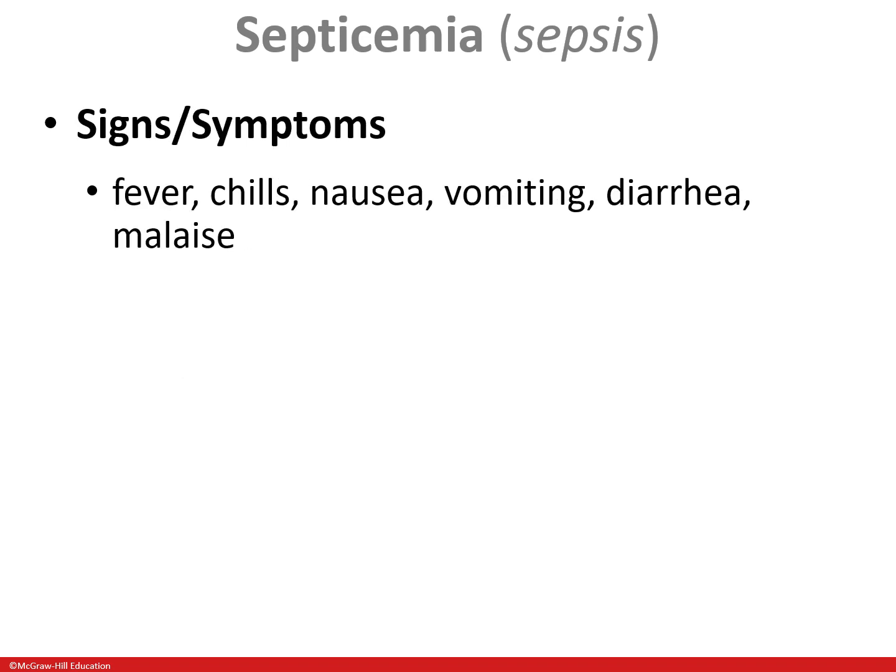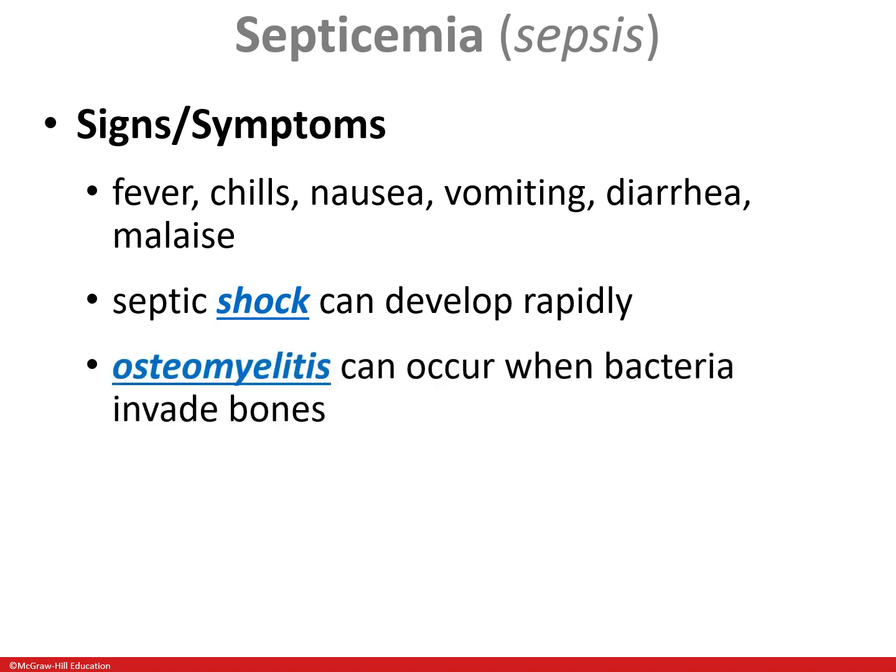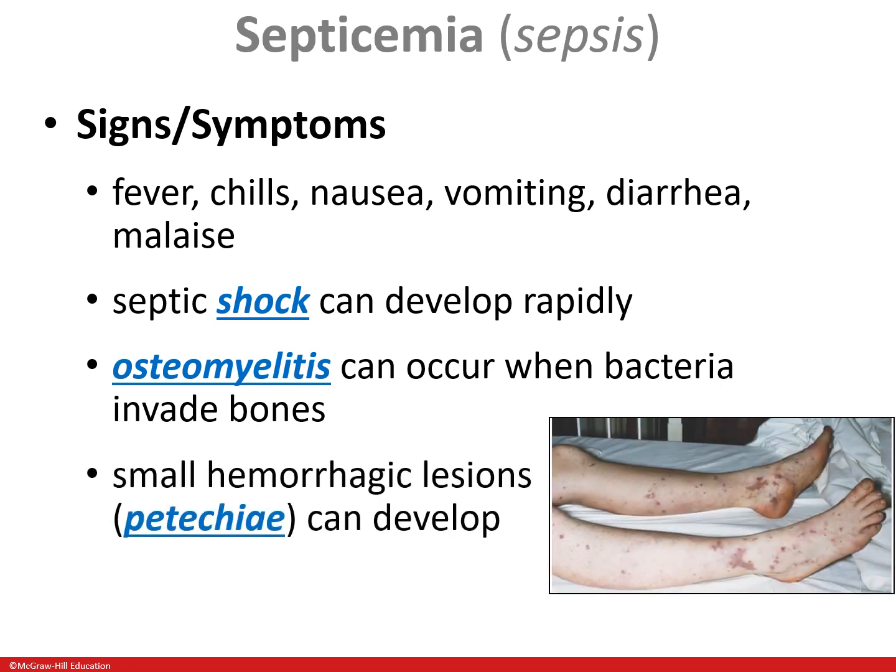So signs and symptoms depend on which organism it is, but typically fever, chills, nausea, the very vague symptoms. But septic shock can develop very rapidly depending on the organism that's involved. Because bones are highly vascular, osteomyelitis can occur when the bacteria find their way into those little nooks and crannies of the bone, which is incredibly painful.